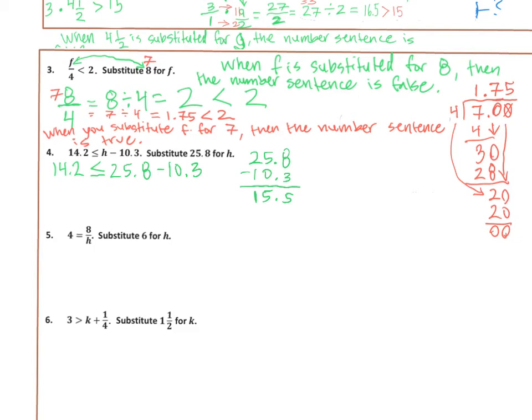So again, we'll have 15.5. The number sentence says 15.5 is greater than or equal to 14.2. So this is correct because this is saying 14.2 is less than or equal to.